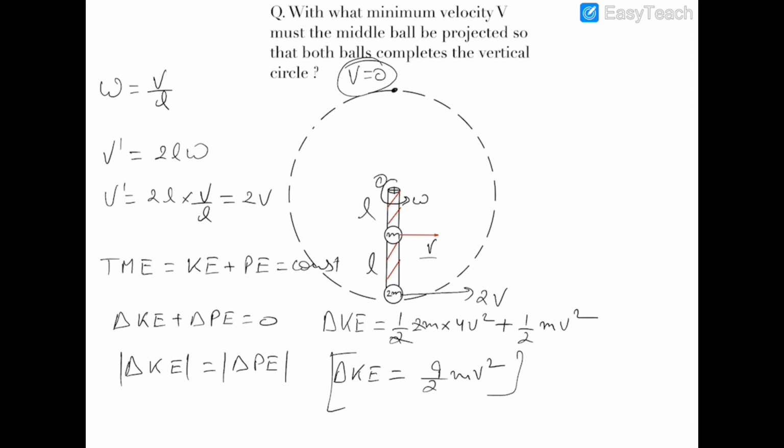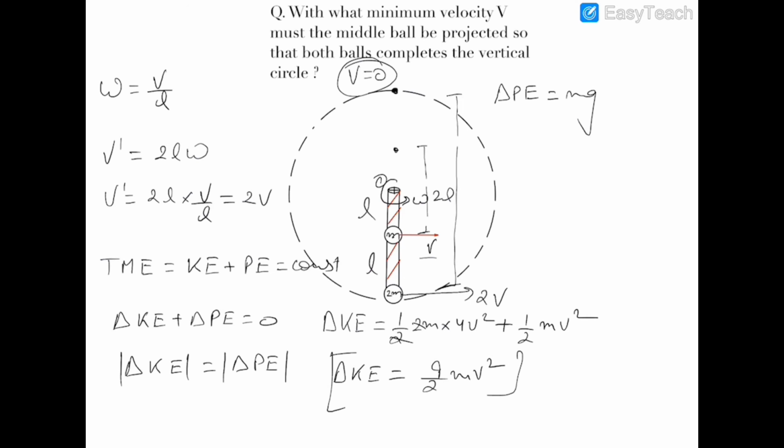And the change in potential energy is equal to mg, the position of this ball will be at this height, so the distance it has moved in the upward direction will be 2L, and the position of the upper ball will be this, so the distance it has moved will be 4L.